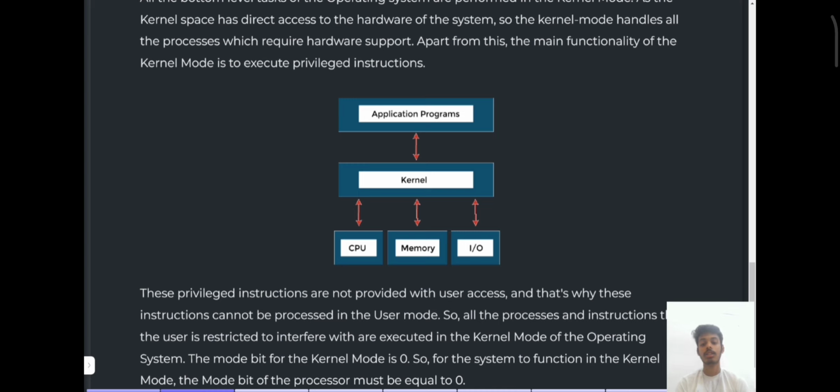These privileged instructions are not provided with user access, and that's why these instructions cannot be processed in the user mode. So all the processes and instructions restricted from interference are executed in kernel mode of the operating system. The mode bit of kernel mode is 0. So for the system to function in kernel mode, the mode bit of the processor must be equal to 0.